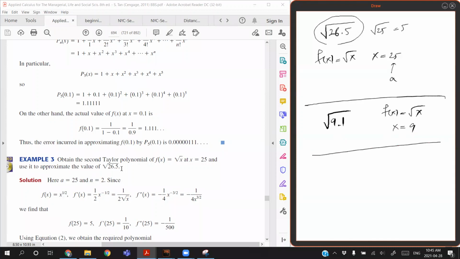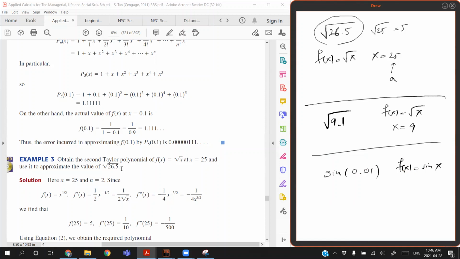Another example. If I ask you to give me an approximation for sine of 0.01, so sine of 0.01 radians, then, of course, the function that you're trying to write the polynomial for should be the function sine x.